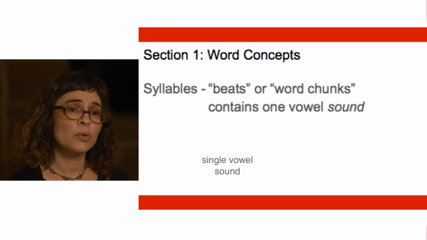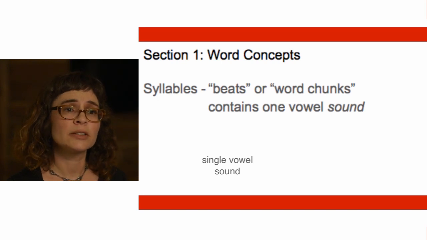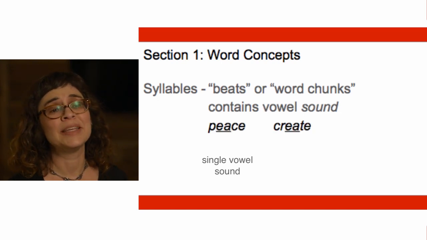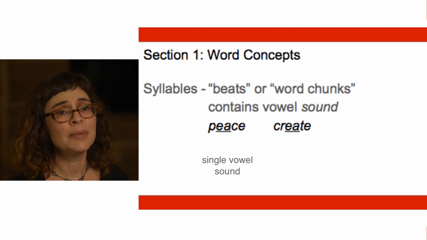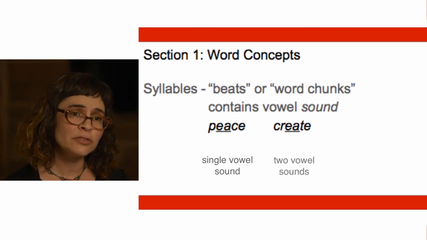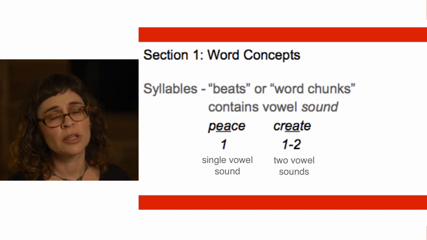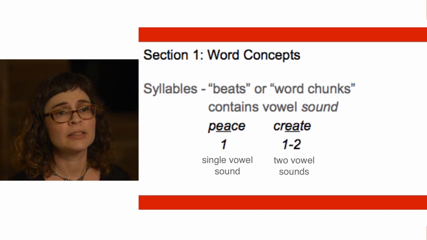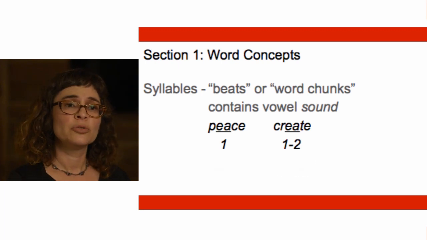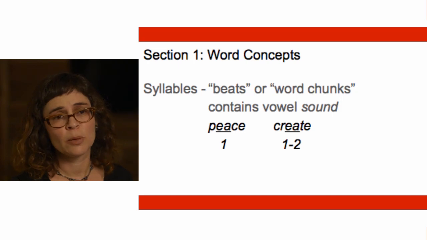Some single vowel sounds are produced by a combination of two vowel letters, as in peace. However, the same EA combination is pronounced as two distinct vowel sounds, and therefore two distinct syllables in the word create. To determine the number of syllables, an experiential method is helpful.